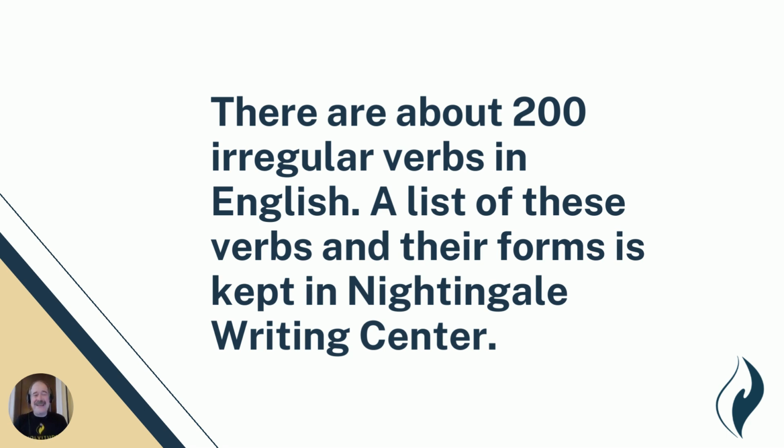And fortunately, they only follow 5 distinct patterns, and we list those patterns in materials on verbs in Nightingale Writing Center. So you can check out those irregular verbs and keep that list handy if that's something that is challenging.